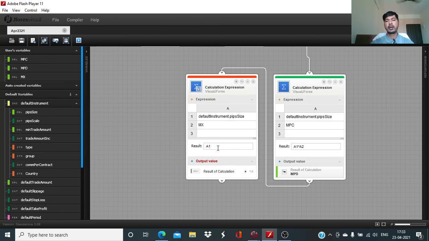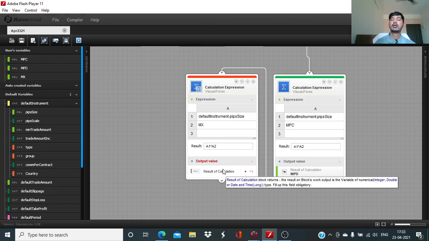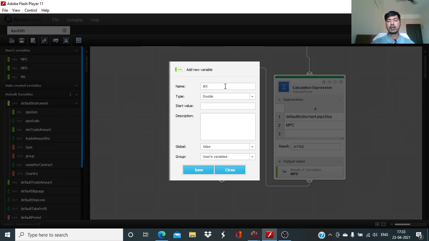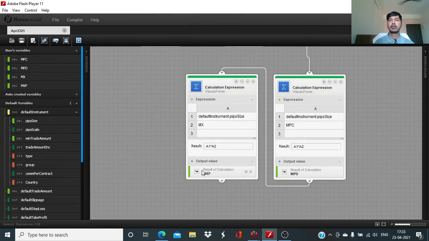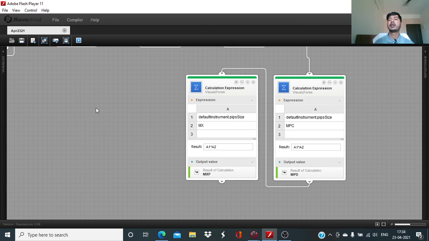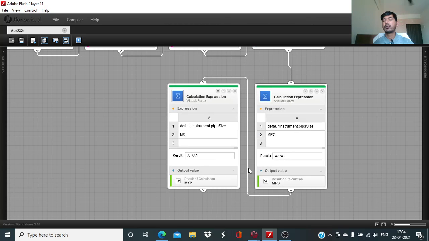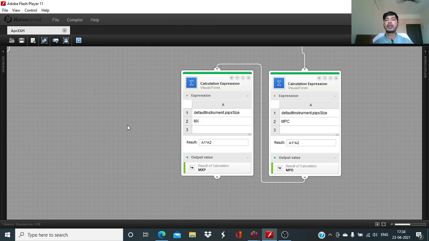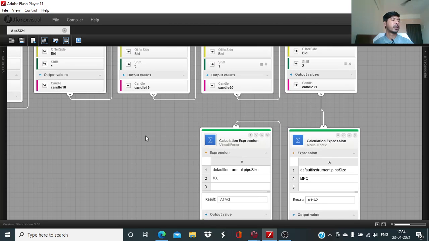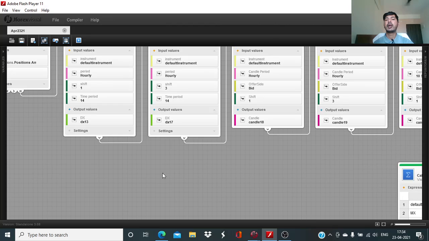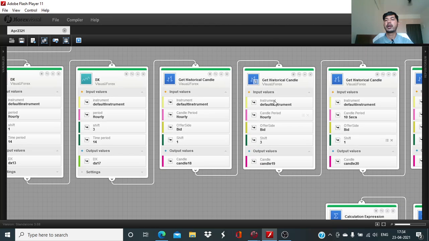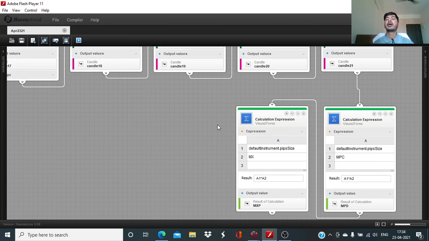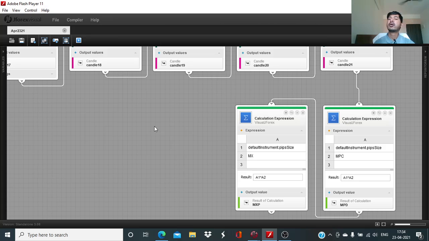And this one also will be A1 into A2. Okay, so we have defined these two calculation expression blocks for the minimum and the maximum permissible difference between the opening and the closing value for the last two get historical candle blocks of the shift value 1 and 3 respectively, and we will carry out the further calculation for defining the buy side as well as the sell side in the coming session.